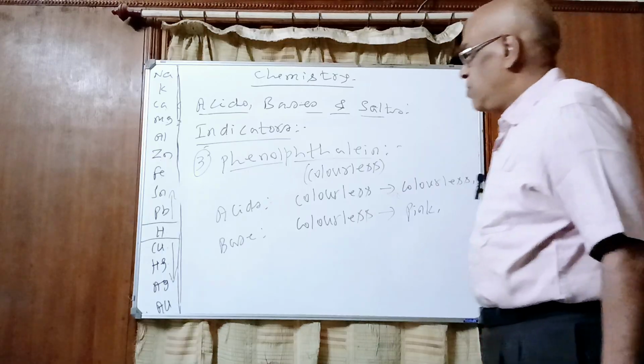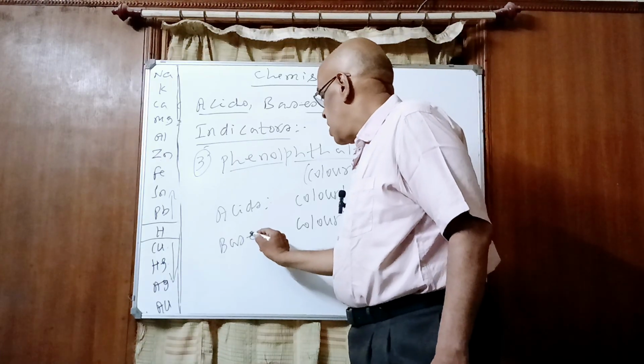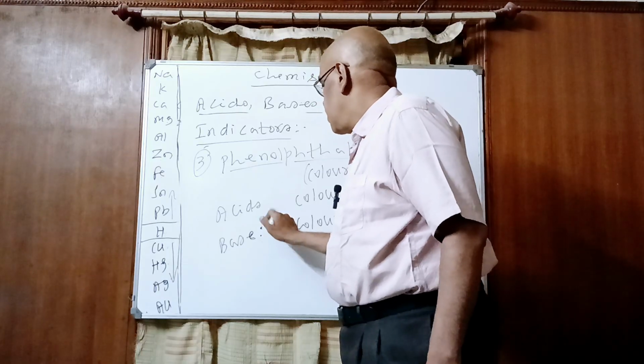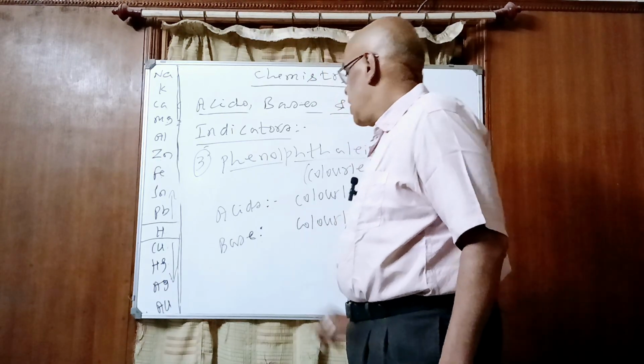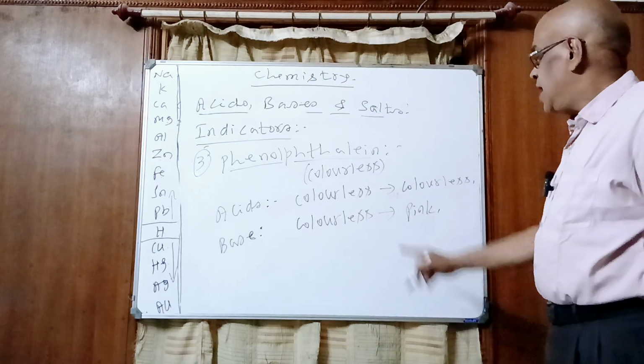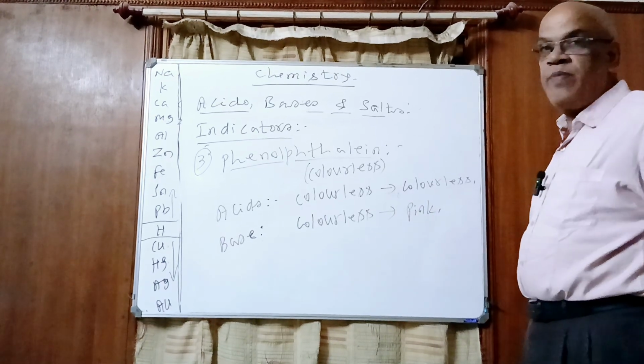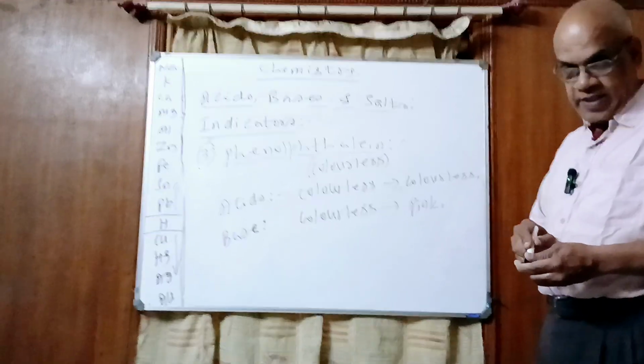Understood, children? Acids keep colorless phenolphthalein colorless. Bases turn colorless phenolphthalein to pink. This is about indicators, children.